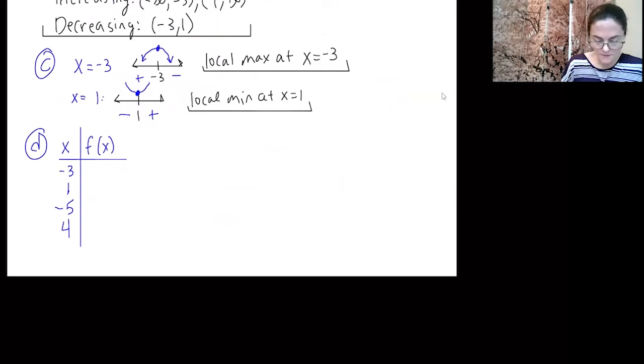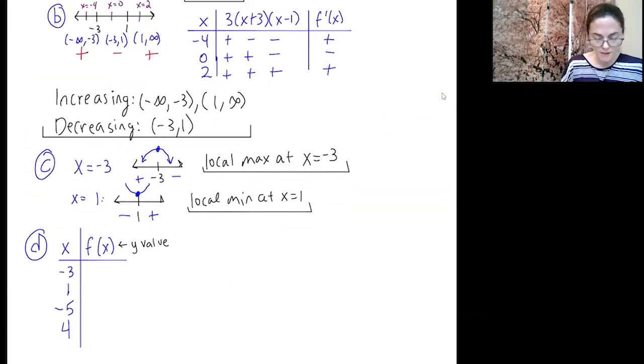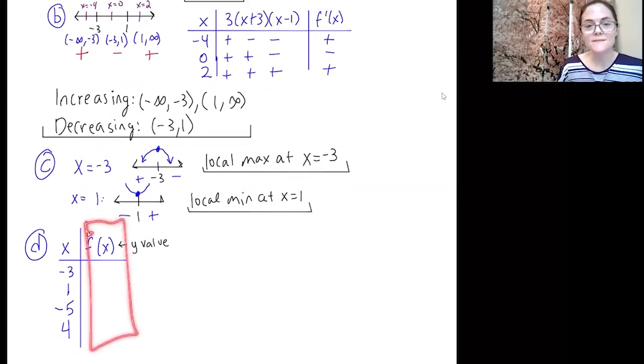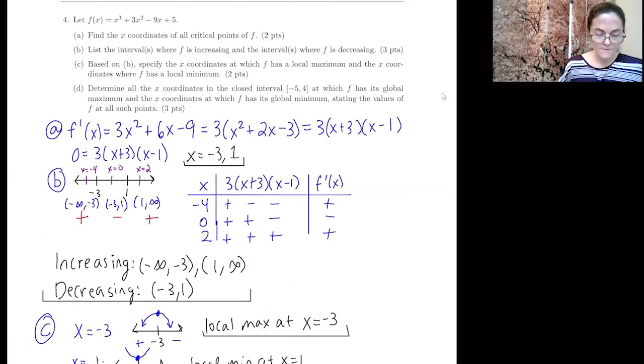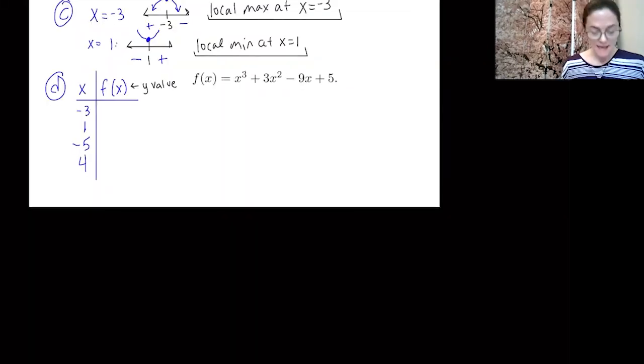Once I make this chart, all I need to do is look in this column, and the highest, largest number that I see will be the global max, and the smallest number that I see will be global min. Okay, so let me recopy the function, and now let us calculate.